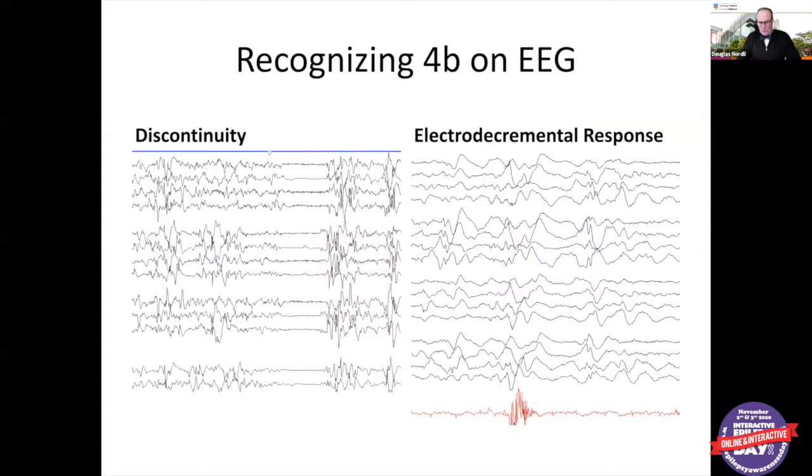What's common about all of these, and I keep teaching the residents and fellows this, is that the EEG isn't always on. It sometimes pauses and is discontinuous. And the important thing that I tell the residents and fellows and medical students is that if you see this, assume that time is of the essence to get control of that child's epilepsy.